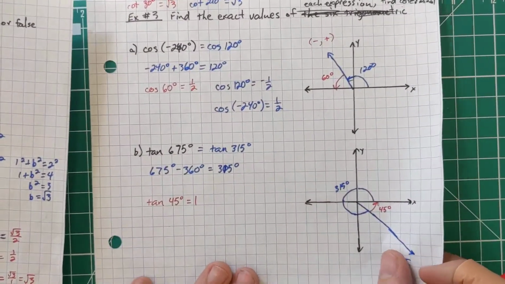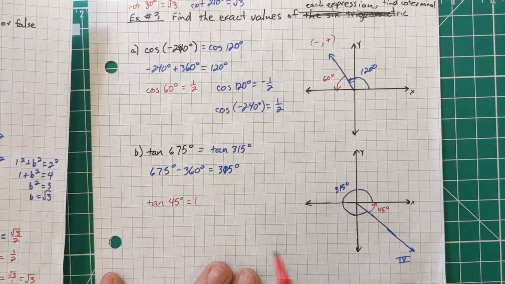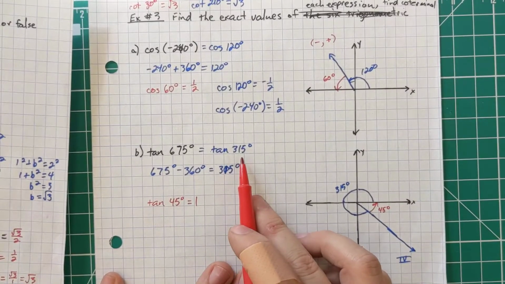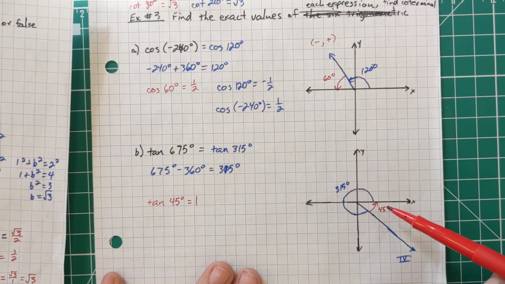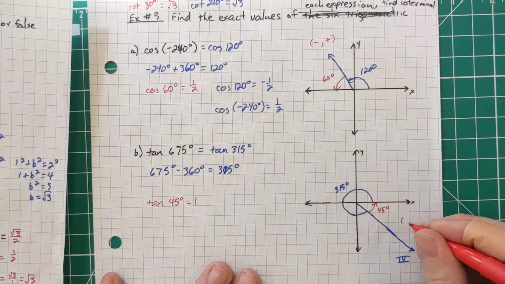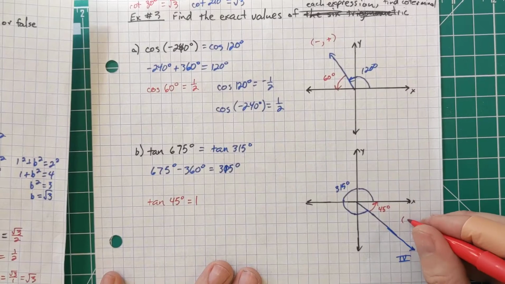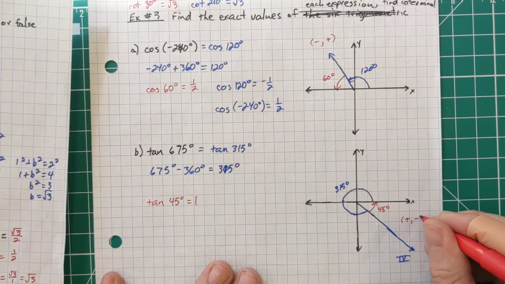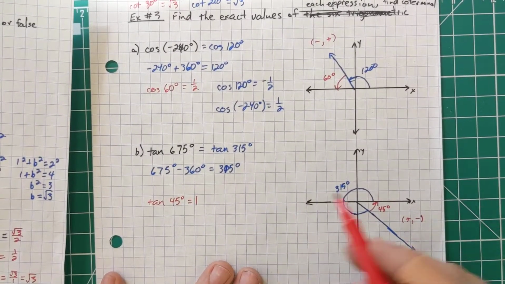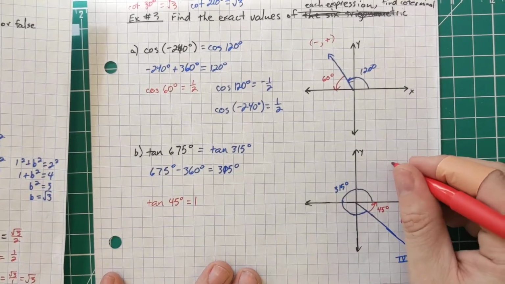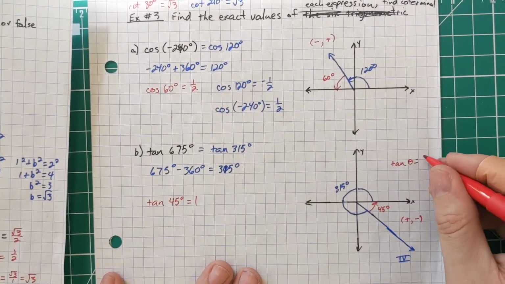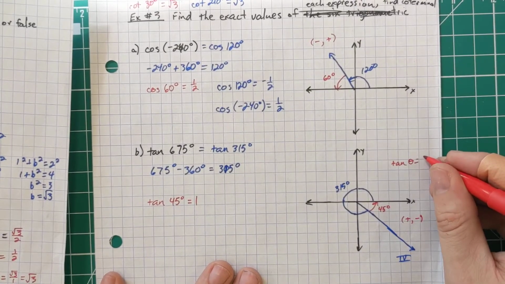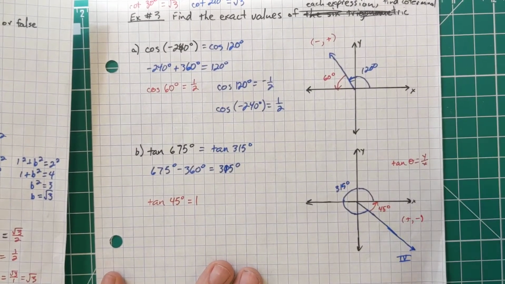Now we need to remember, is this going to be positive or negative? So remember, we have x values that are positive, y values that are negative. And tangent of theta, remember, is opposite over adjacent, or the y value over the x value.